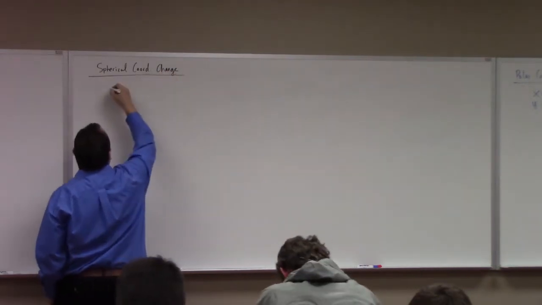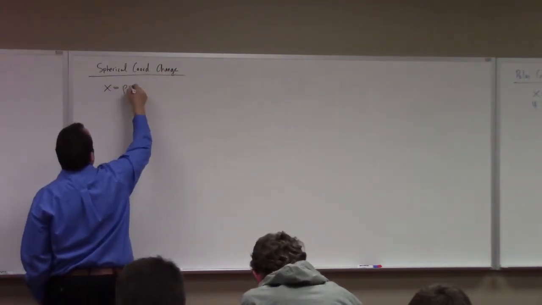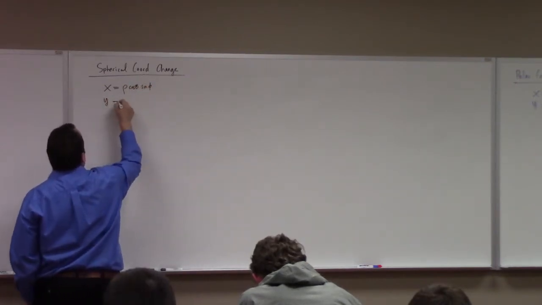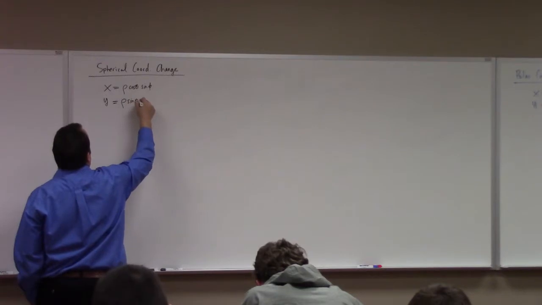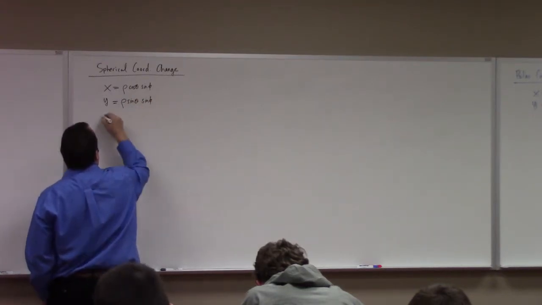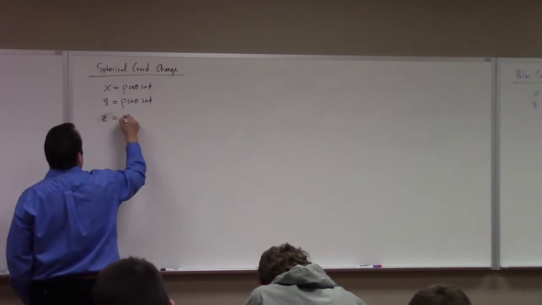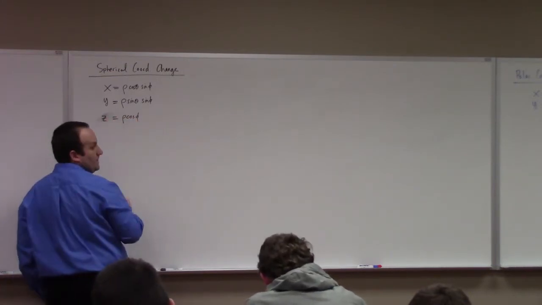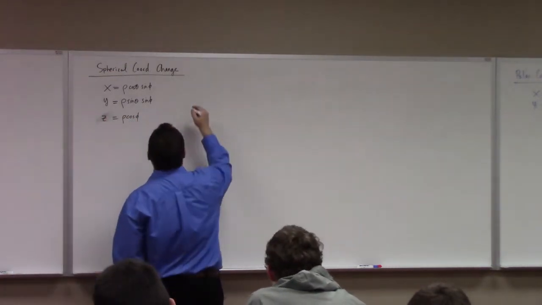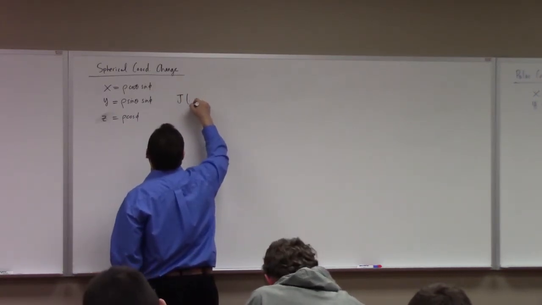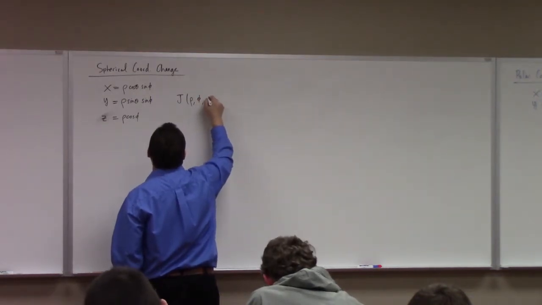We have x equal to rho cosine theta sine phi, y equal to rho sine theta sine phi, z is rho cosine phi, right? So this gives us the Jacobian with respect to rho, phi, theta.